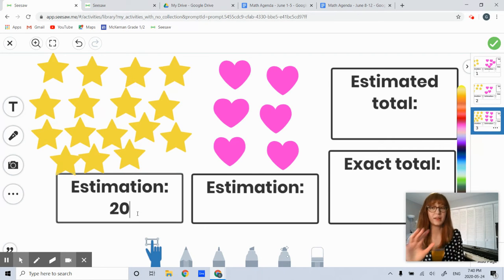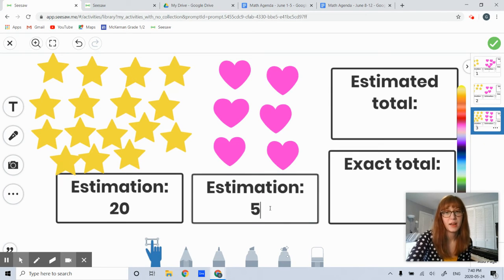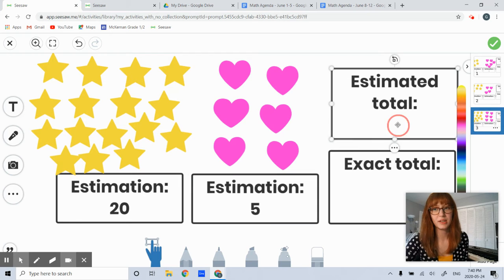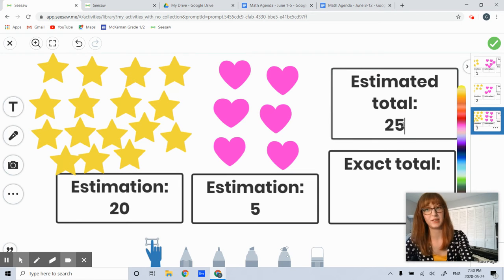And because 20 ends in a 0, that's an easy number to work with. And I have about 1, 2, 3, 4, 5, 6 hearts. So I'm going to round that to 5, because that's another easy number to work with, and it's super close to that number. So my estimated total is 25.